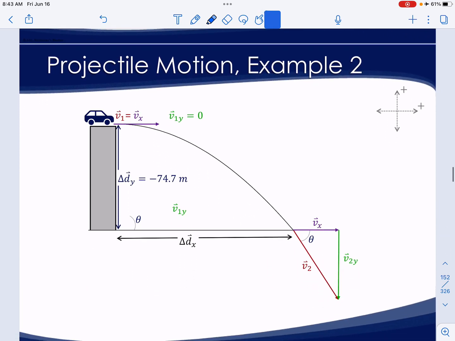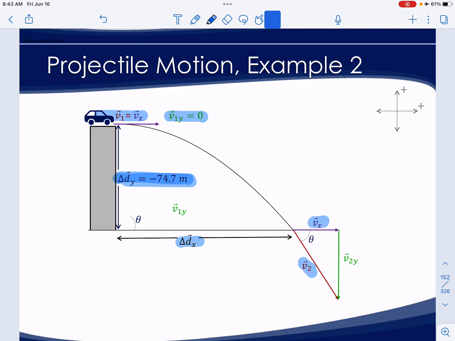Okay, so let's label everything. We have our v1, which is equal to vx. Our v1y is 0. Our delta dy is negative because it's going from here down. We have a delta dx. Then over here, our v2 has a vx that is going to be the same.